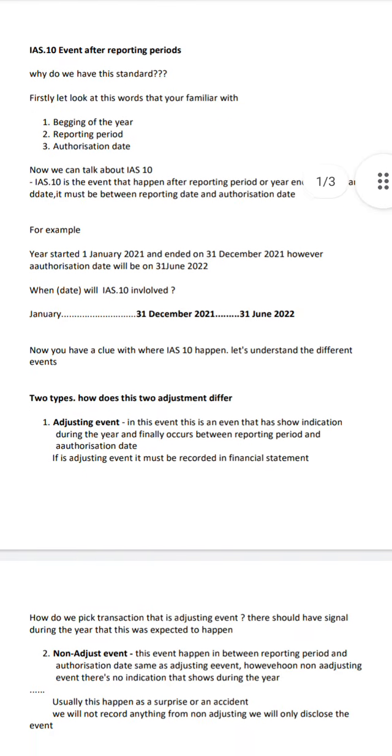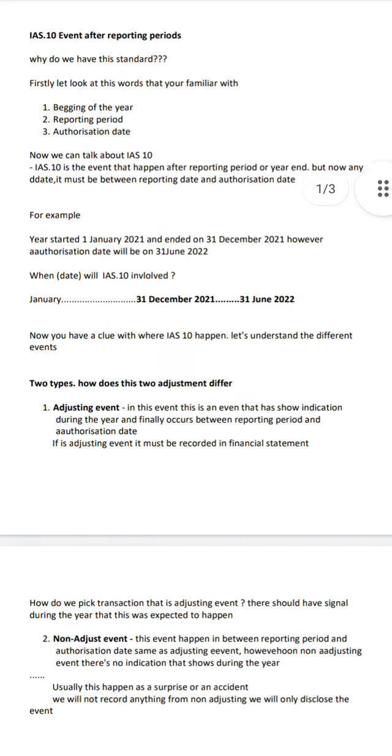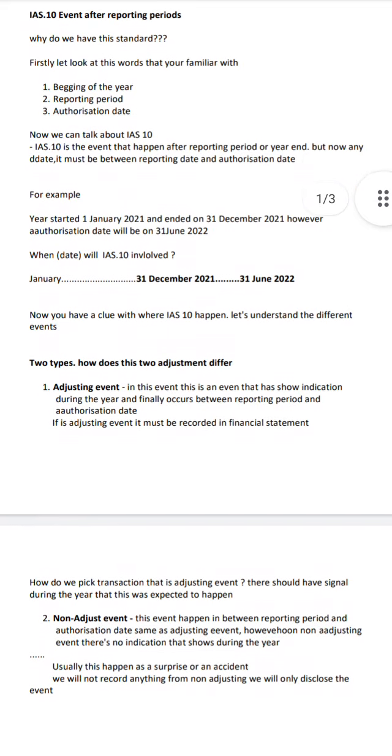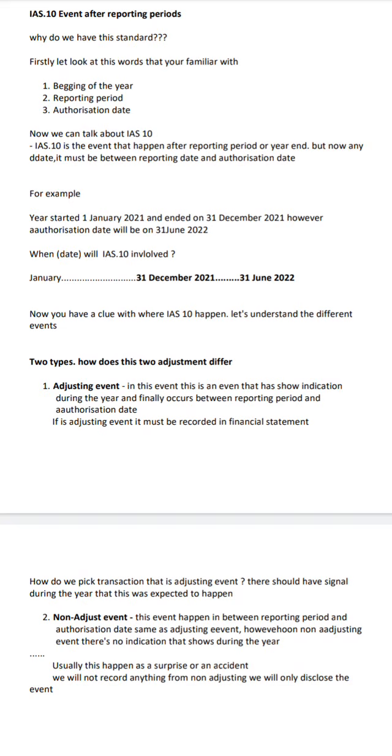Now we have different types of events. You firstly have to understand how each event works and what we do after we find that the event is this one. Firstly, we have the adjusting event. This is an event that showed an indication during the year and the final outcome occurs between the reporting period and the authorization date.